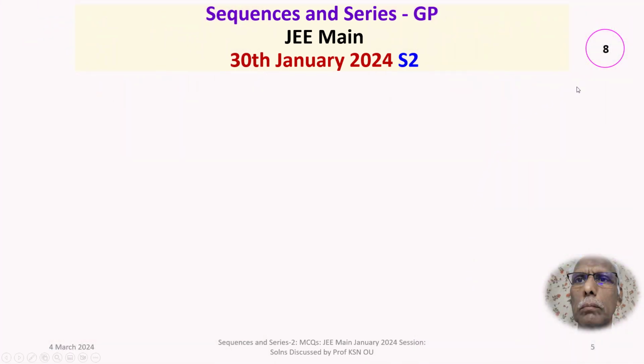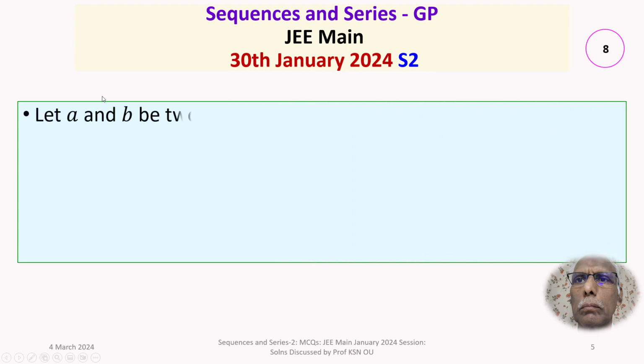Now this is the 8th question, and the question is on the topic geometric progression. This question has appeared in the Joint Entrance Examination Main held on 30th January 2024 in the second shift. The given question is, let A and B be 2 distinct positive real numbers.